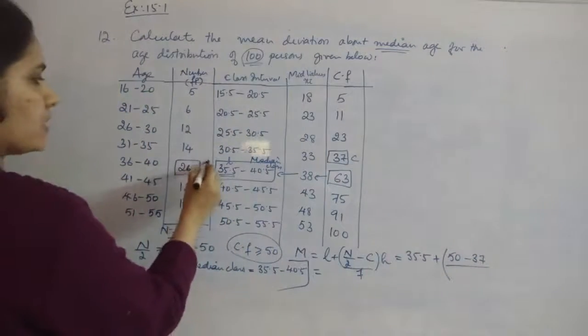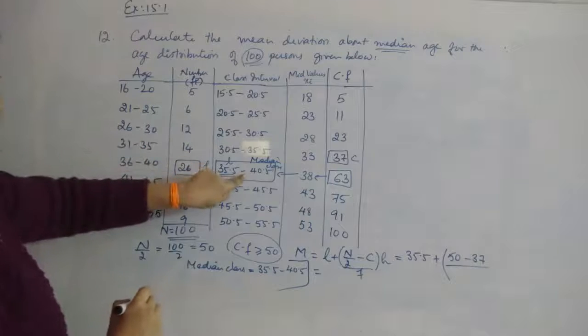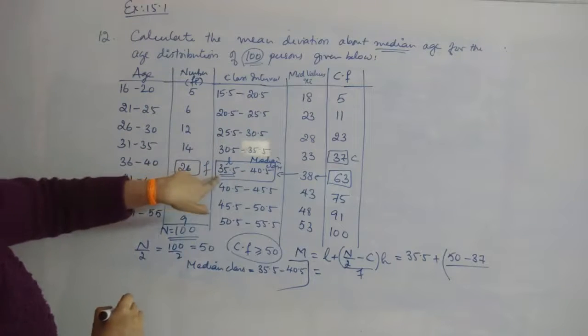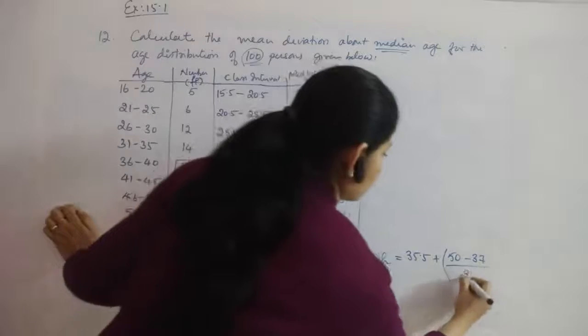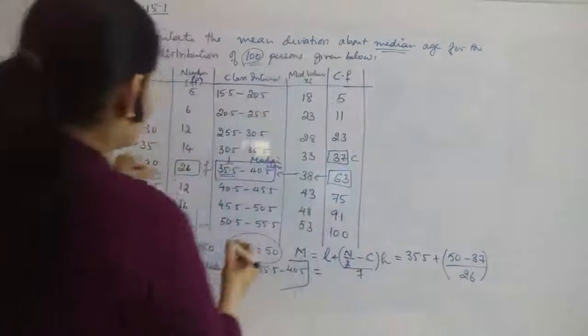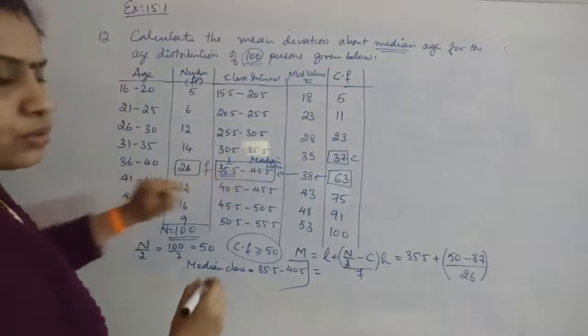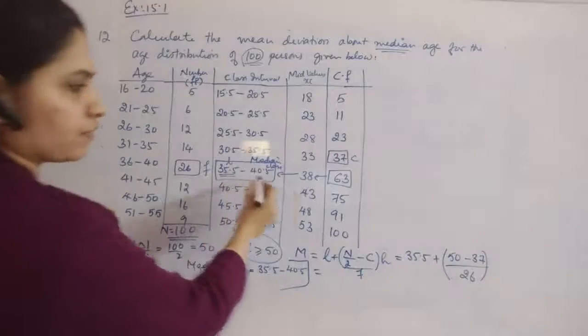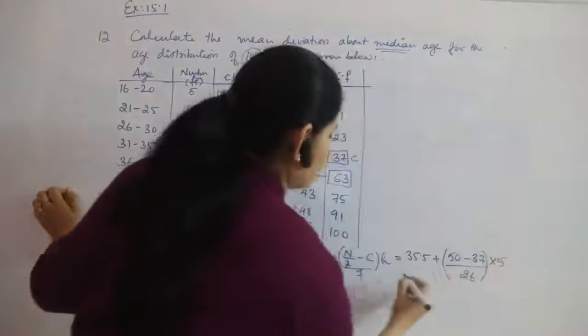F is the frequency corresponding to the median class, that is 26, into h. The class size h is 5.